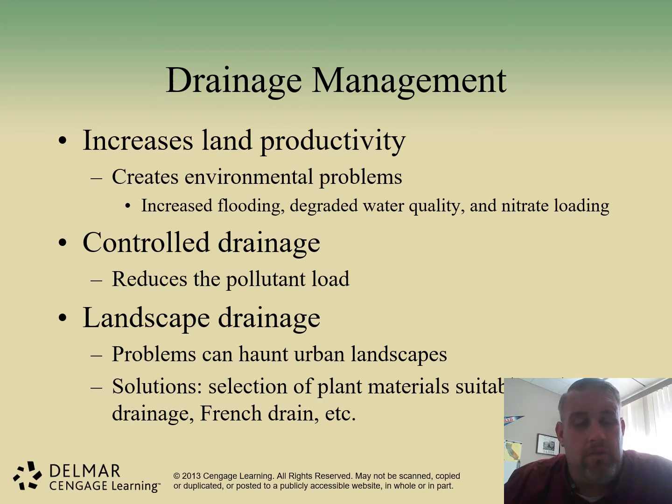When we look at landscape drainage, these are things that can be utilized throughout urban areas. This isn't super prevalent here in California, but there are certain areas, and I did mention the French drains.